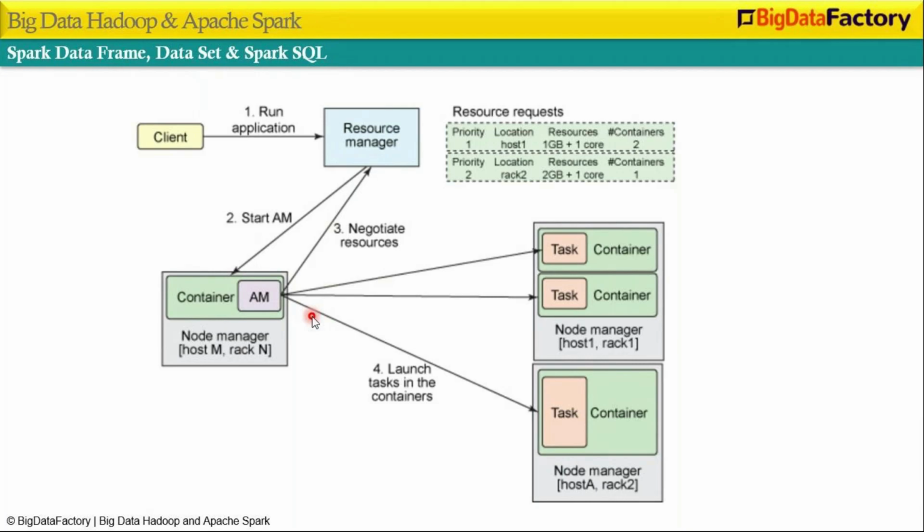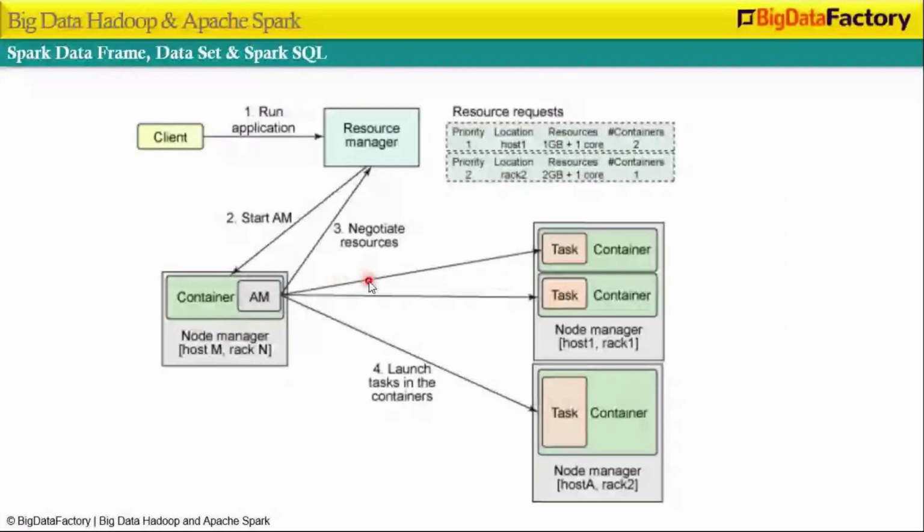But now, with the addition of the resource manager, application master, and node manager, that particular bottleneck has been resolved. If the node count is greater than 4000 nodes, that is not a bottleneck inside Hadoop 2. The same concept is utilized inside Spark as well.